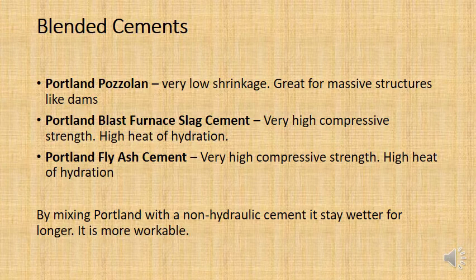One thing you do need to be aware of, though, is that for all of them, but particularly with blast furnace slag and fly ash Portland cements, they have very high heat of hydration. So that can be a problem for burning your hands, just like lime, but also it can lead to thermal gradient cracking, so we can't use it for things like dams.